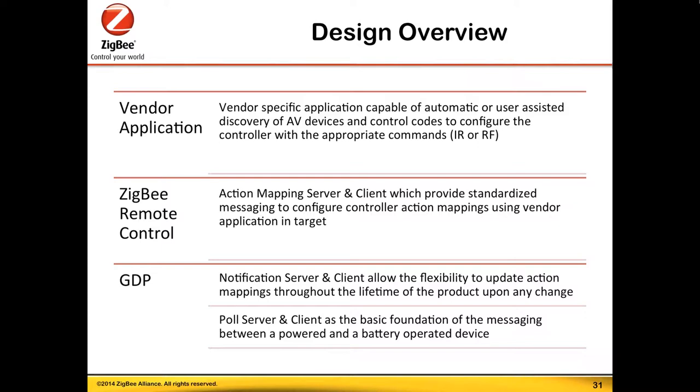You might go out and buy a new TV, or you might add additional devices to your system, and the system needs to reconfigure and heal itself as it moves forward. And in basic terms, a full server and client is the worker thread, if you will, that is responsible for enabling a low-power bidirectional communication between a sleepy node and a powered node. So basically the ability for the remote control to be able to sleep, but still pick up messages every once in a while from the set-top box and react.